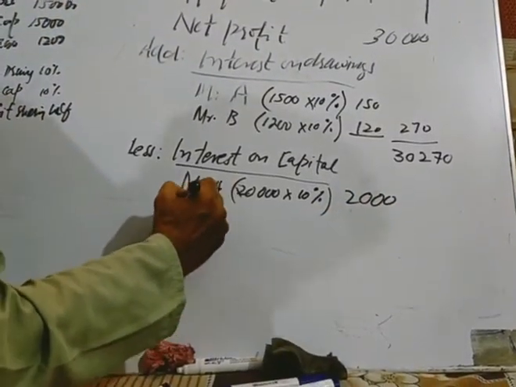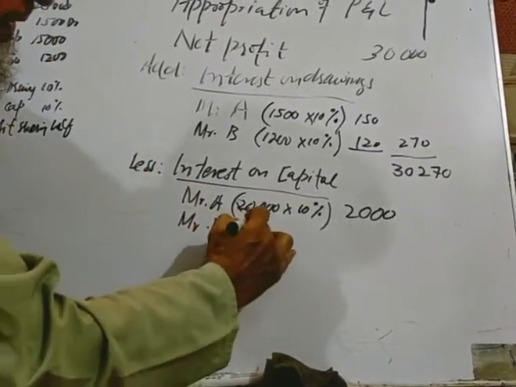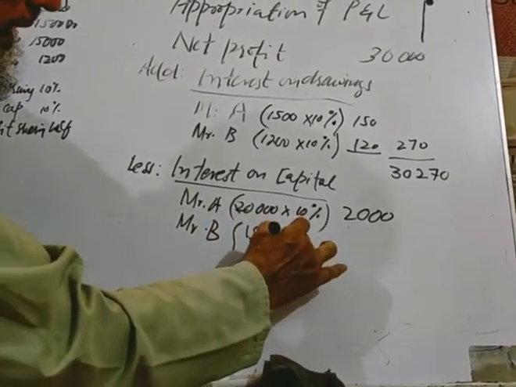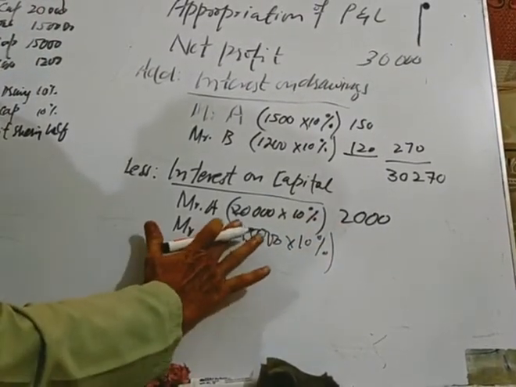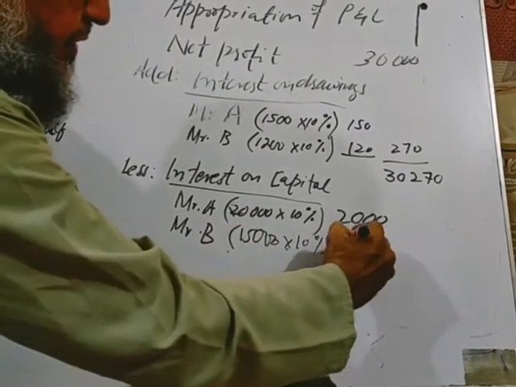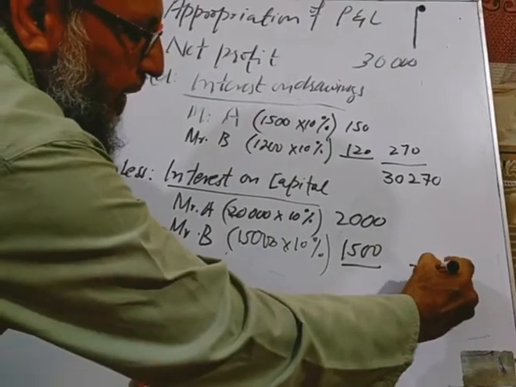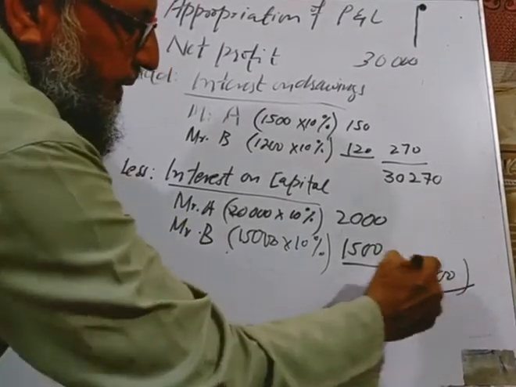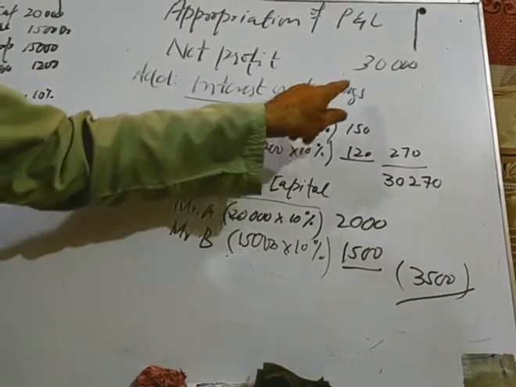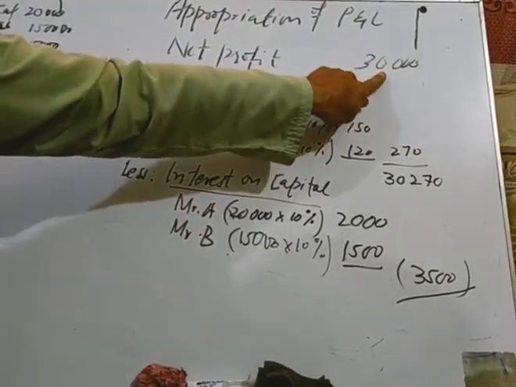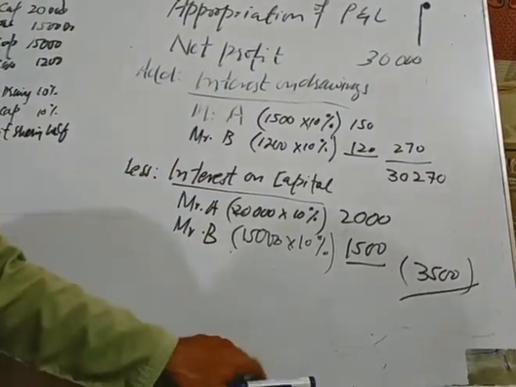And then Mr. B's capital was 15,000 and again 10% was its percentage, which is equal to 1500. Altogether 3,500, which will be deducted from your profit. Interest on drawings is added into the net profit. Interest on capital is deducted or subtracted.